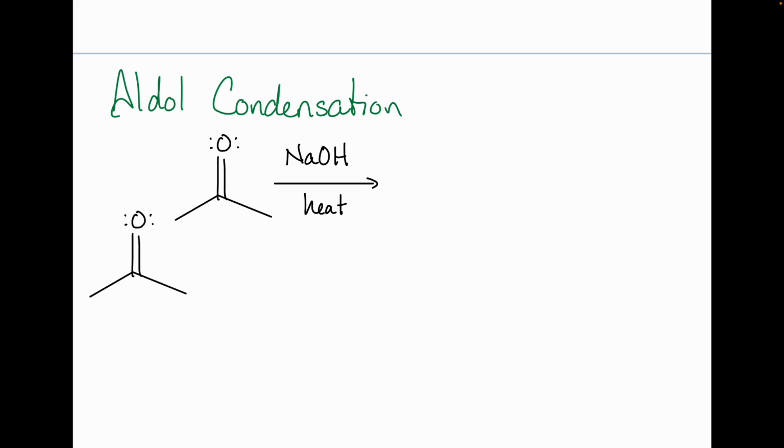So remember, for these reactions, it might be more helpful to draw two molecules, since one of your acetones is playing the role of the nucleophile at its alpha carbon, and the other is playing the role of the electrophile at its carbonyl carbon.